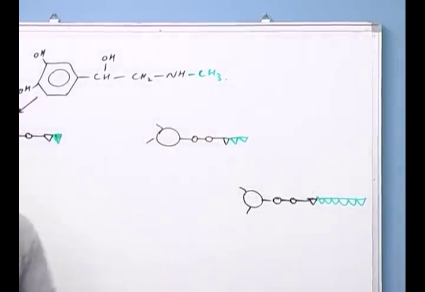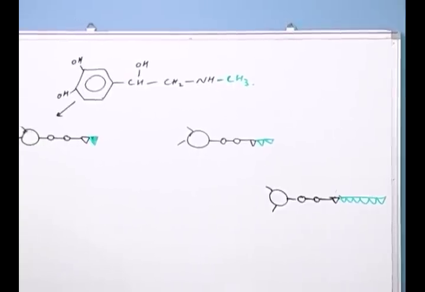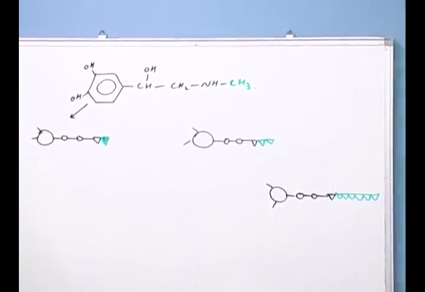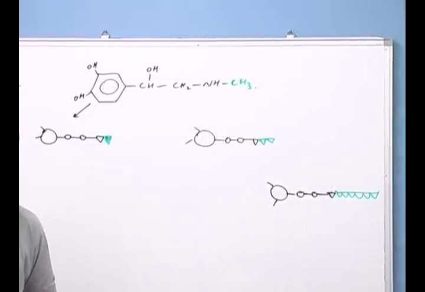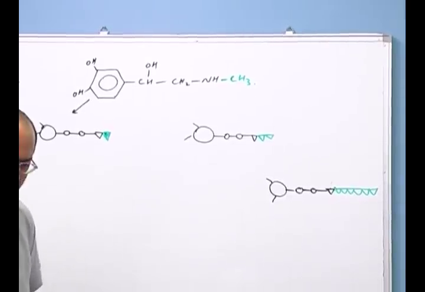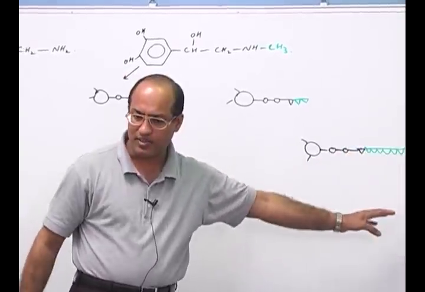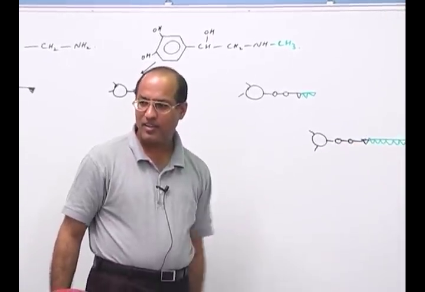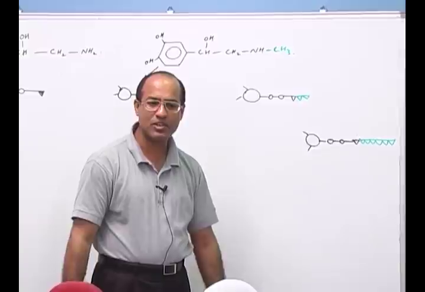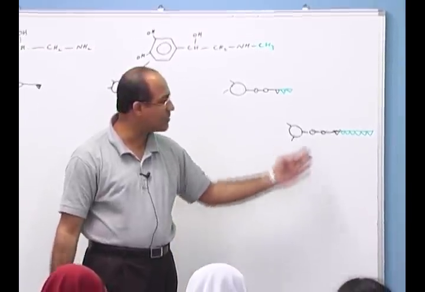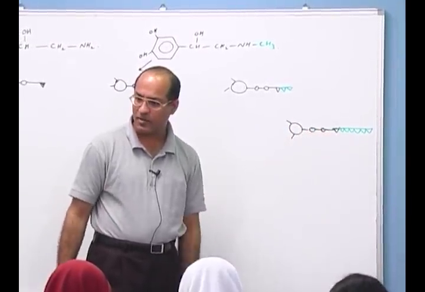What could that drug be? Have you heard of this drug? You see what has happened? We have made this end very heavy. Salbutamol, terbutaline, albuterol are simply drugs with heavier amino ends.